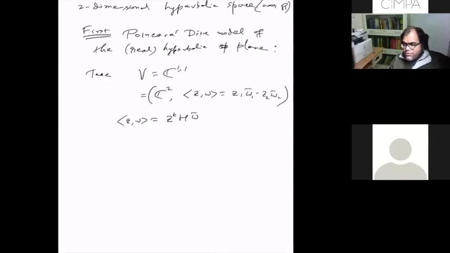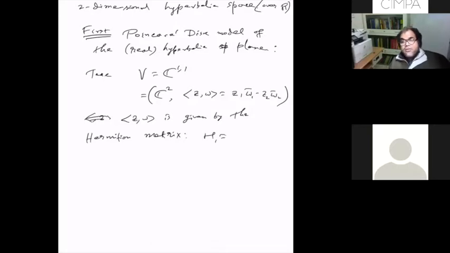I hope this corresponds to this. But essentially, what I want to say is that this Hermitian form, Z W, is given by the Hermitian matrix H1, which is 1, 0, 0, minus 1.